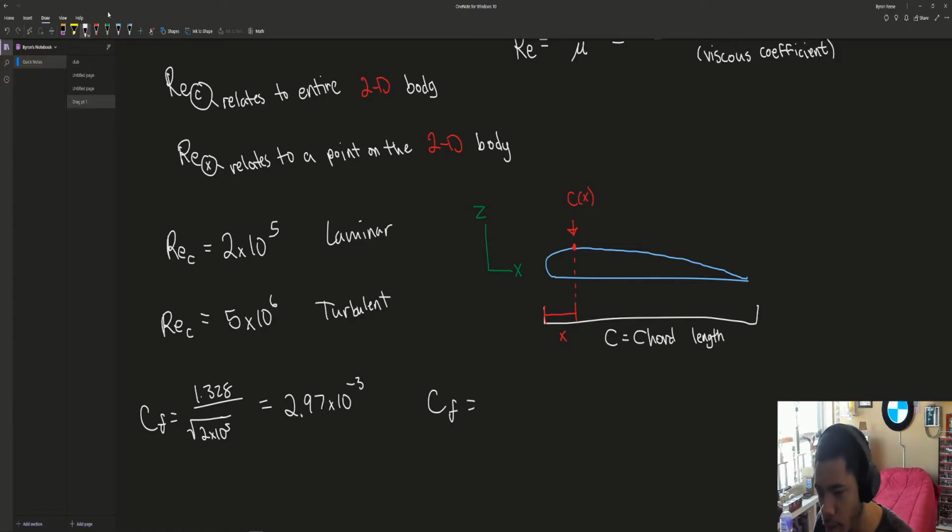And then if we use our turbulent one, let's just write it out. 0.074 over 5 times 10 to the 6th to the 1/5. We get 3.38 times 10 to the negative 3.